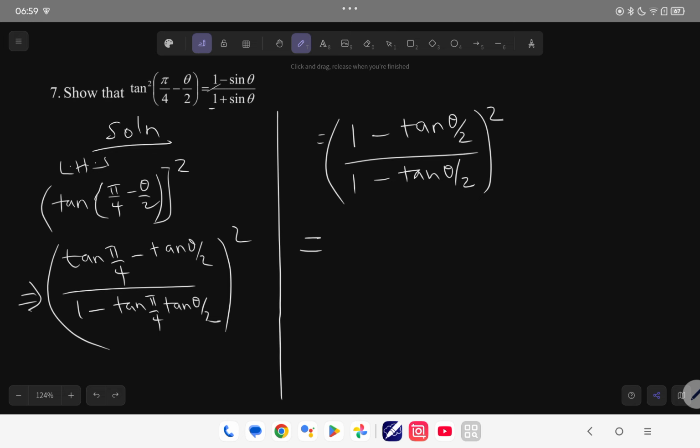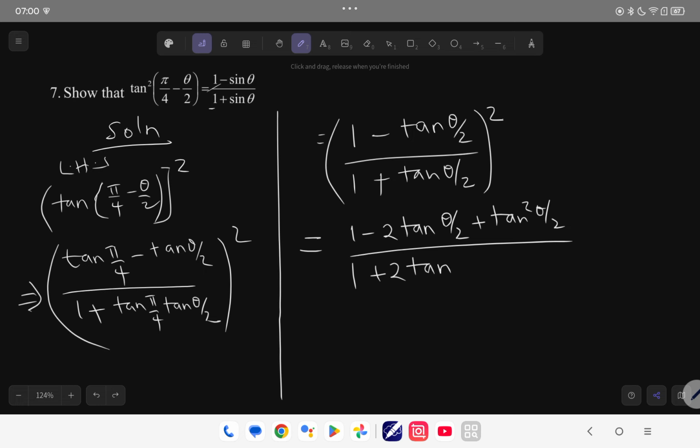There is a plus in the denominator, sorry. Now we are going to expand these expressions. We shall get 1 minus 2 tan theta over 2 plus tan squared theta over 2 over 1 plus 2 tan theta over 2 plus tan squared theta over 2.